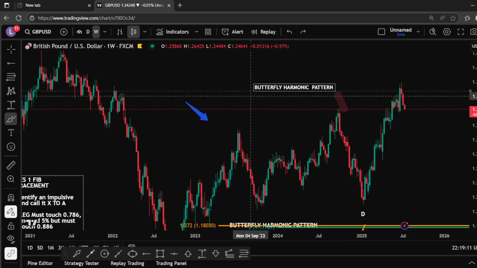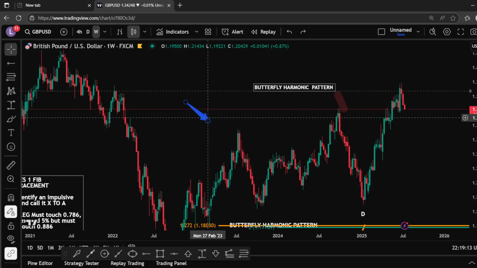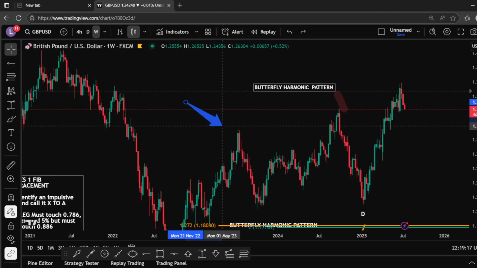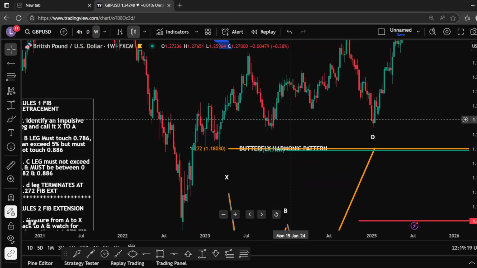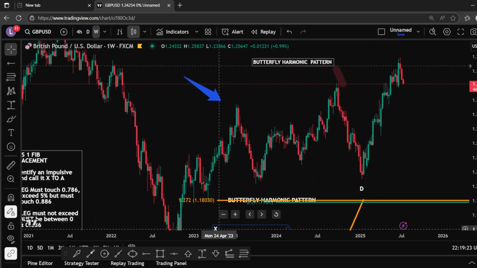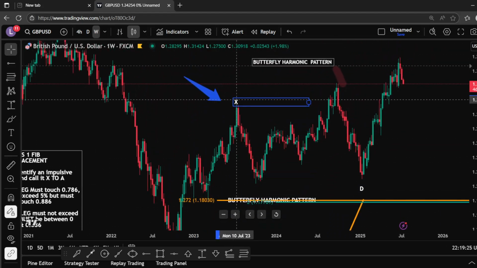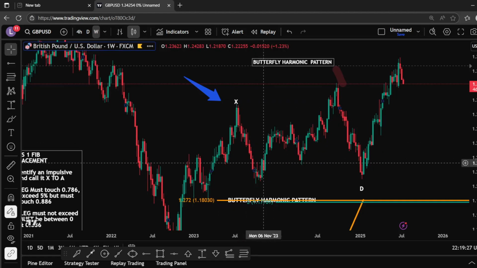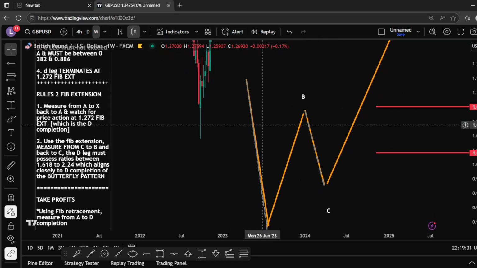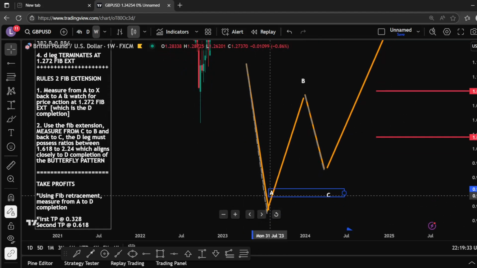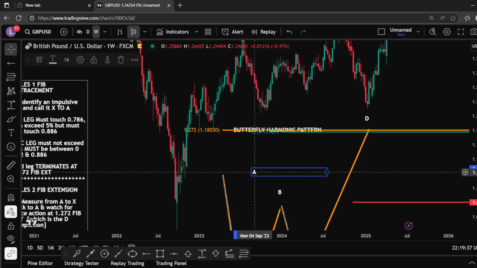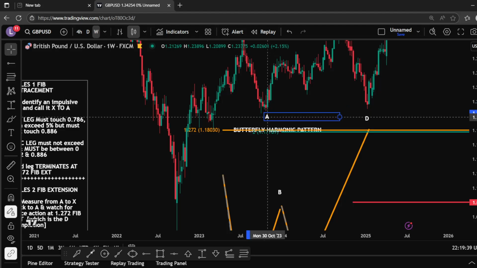Okay, so this is my impulsive leg. This right here is my impulsive leg. Okay, and this right here would be my X, and my A is right here.